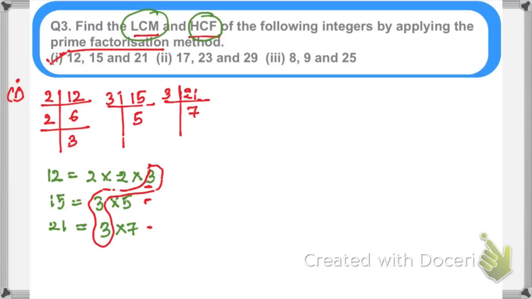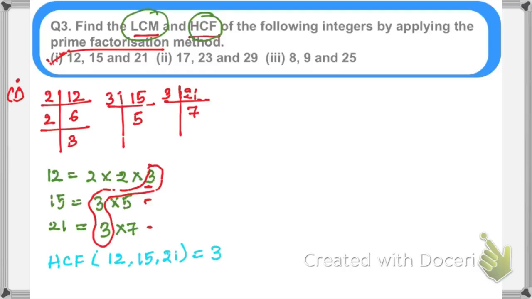And 3 is the highest common factor because it is the only common factor that we can take as common. So it can be written as HCF of 12, 15 and 21 is equal to 3.